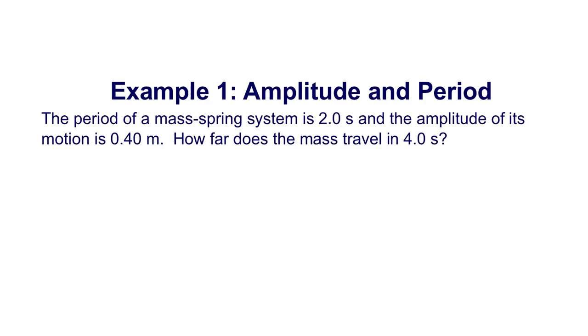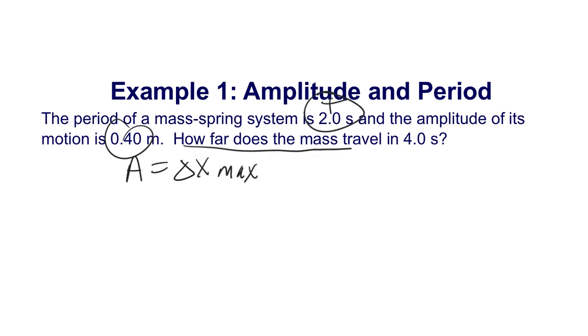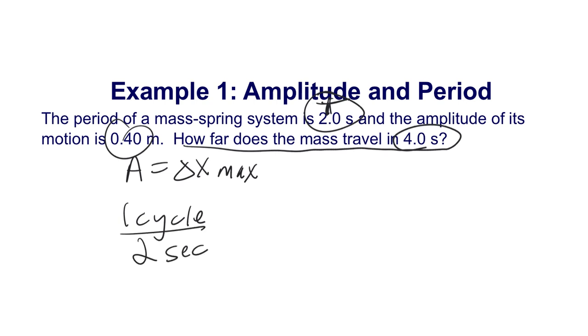Let's do some problems. Okay, the period is 2 seconds. Amplitude is 4 meters. That's delta x max. How far does the mass travel in 4 seconds? So what you've got to do is figure out how many cycles happen in 4 seconds. Well, if the period is 2 seconds, 1 cycle happens in 2 seconds. And that's the frequency. That stays constant.